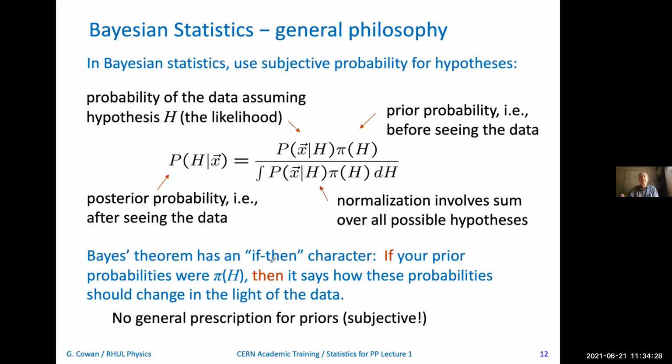It says, if your prior probability in a particular hypothesis was pi of H, then in the light of the data, having seen the data X, Bayes' theorem tells you how that degree of belief should be updated into this posterior probability. So that's important to realize, that Bayes' theorem has this sort of if-then character. There's no general prescription, however, for these prior probabilities, or what I'll just call the priors.